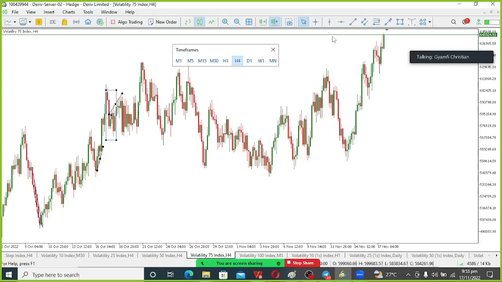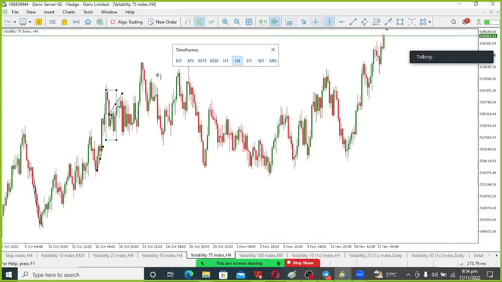Okay, so now let me use this opportunity to explain to you. Whenever you analyze your market on a lower time frame and then you want to switch to a higher time frame and then come back, always make sure you mark that particular area so that you don't miss it. You see, now after switching from 15 minutes to 5 minutes, I wasn't able to find it unless I switch. So you can just have this vertical line and put it there like this.